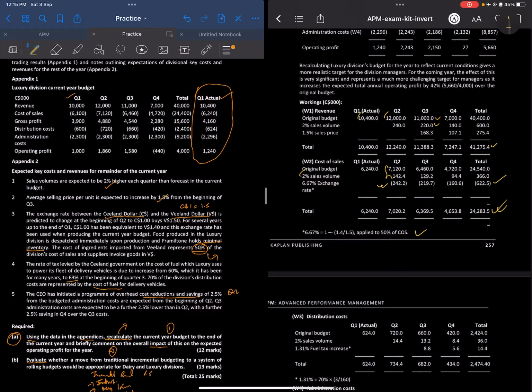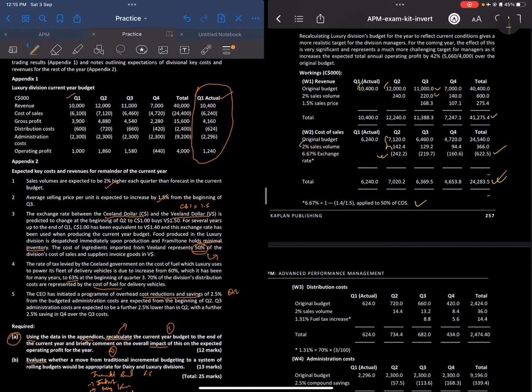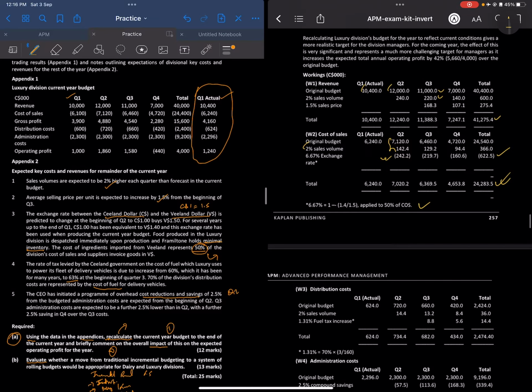Similarly, you could calculate for the other quarter as well, right? I could say it in another way as well. 7120 plus 142.4 will give us a total of 7262.4.